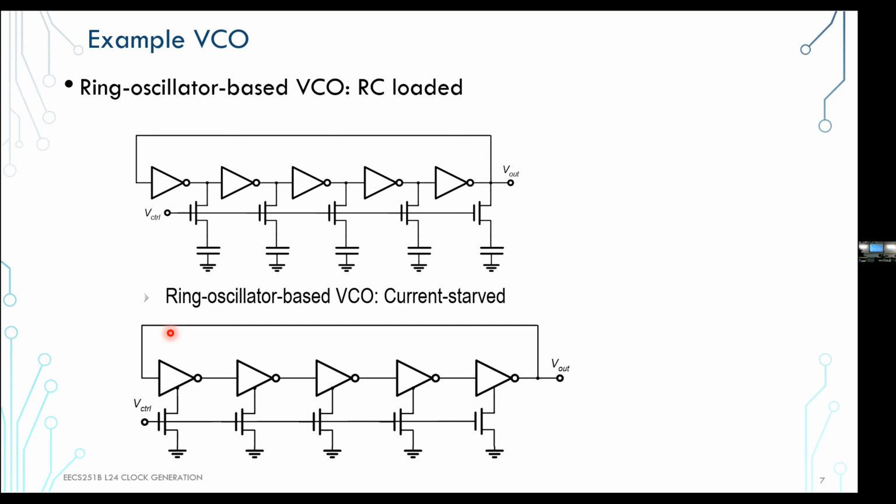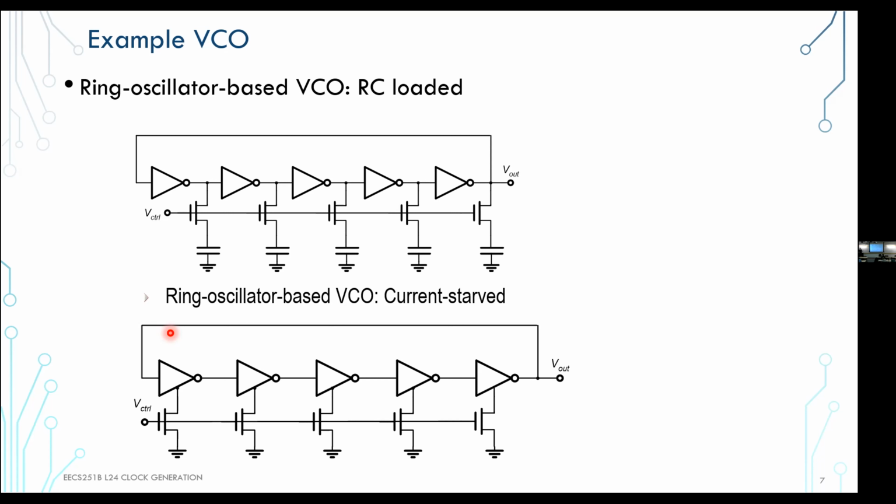The transfer function is smaller because it will change the voltage, but that doesn't affect the timing that much. However, once you start adding additional clock loading or starving the current, the slope is going to become less. And now thermal noise or supply noise transferring to the output will become larger.